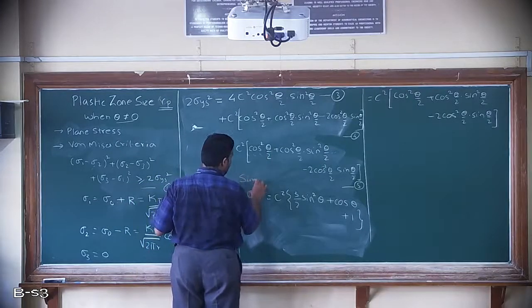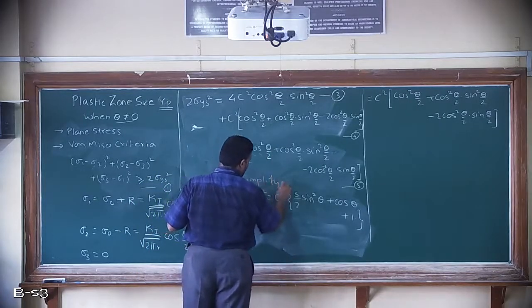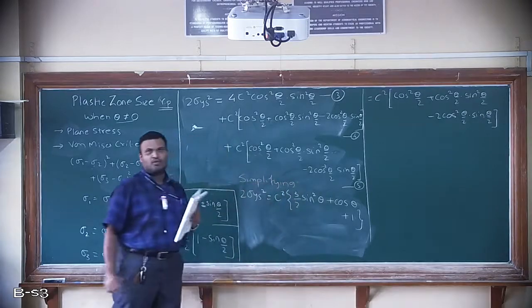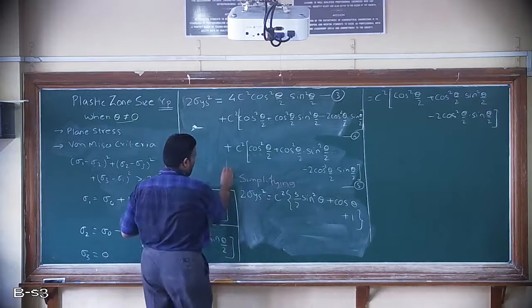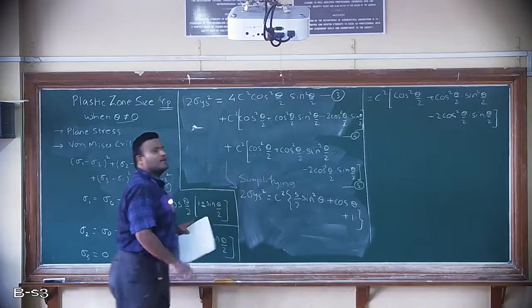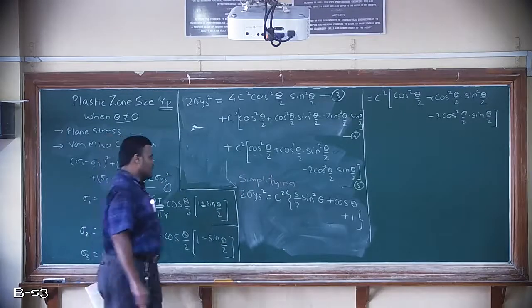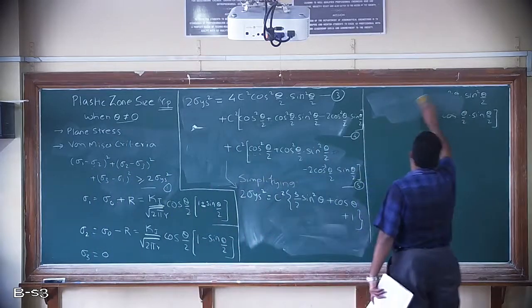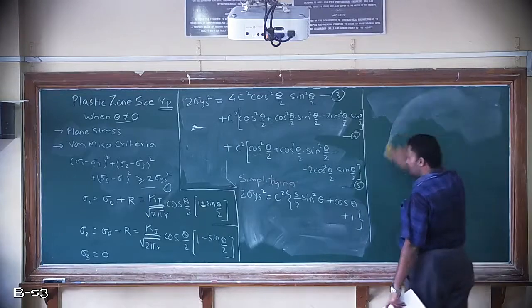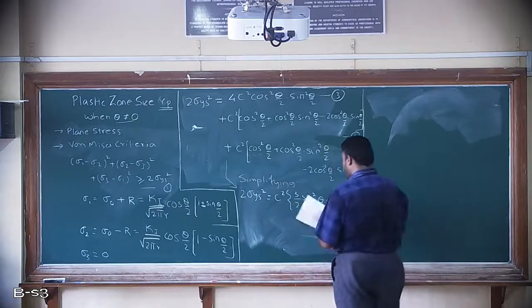I have not simplified it here, but in the examination you need to simplify, so you can give it a try yourself. After simplification you should get this term. Clear? Now from this term we have to determine the size of the plastic zone, which is asked.